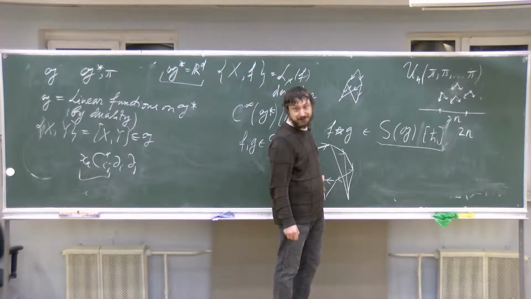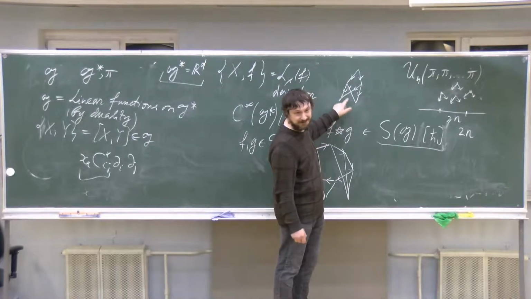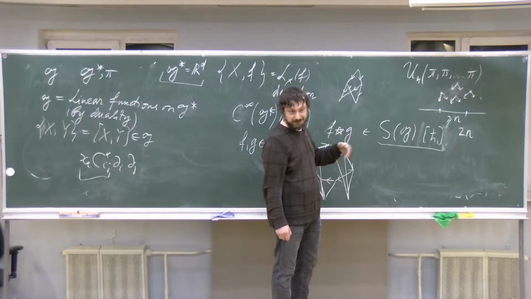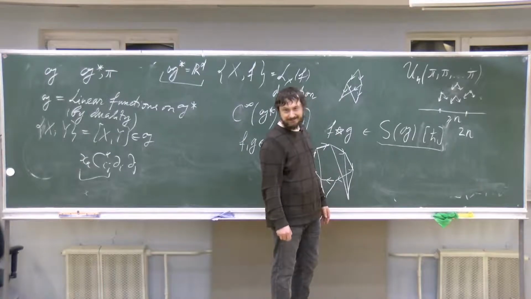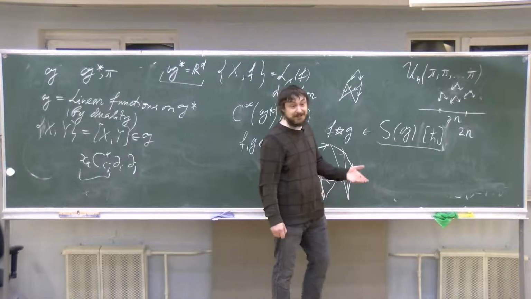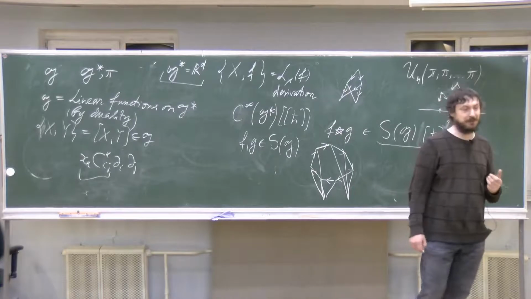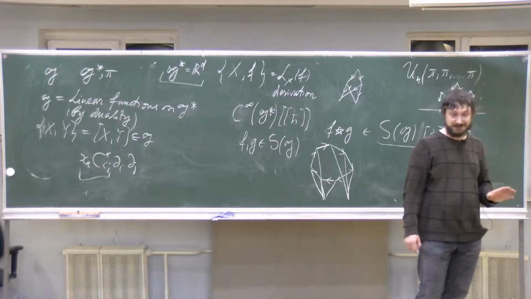It is possible to construct the star product such that all the operations will be given by this kind of graphs, and all the wheels will be removed. But this formula will not be universal. Well, of course, Kontsevich gives you just one of the possible ways to construct this star product. There exist infinitely many ways to do this.